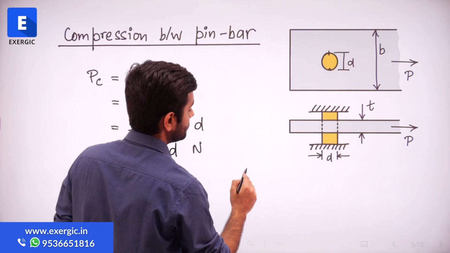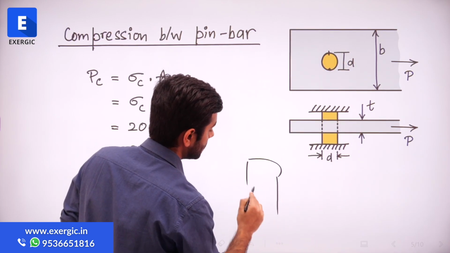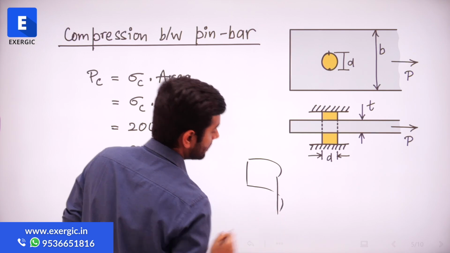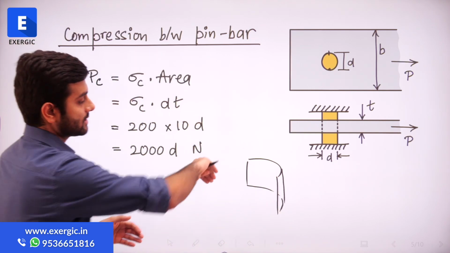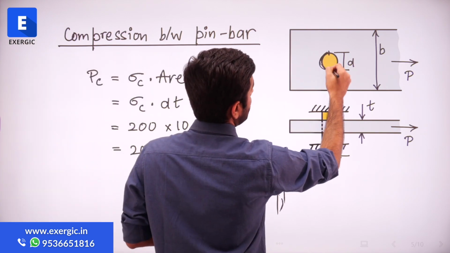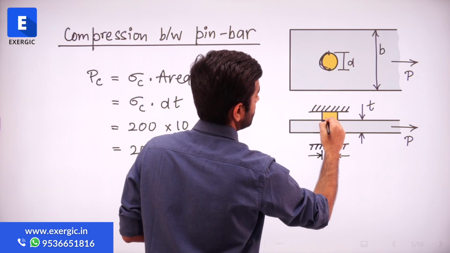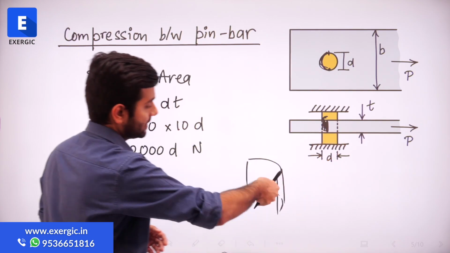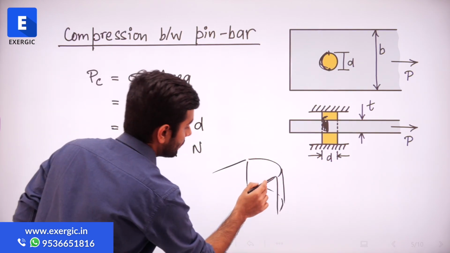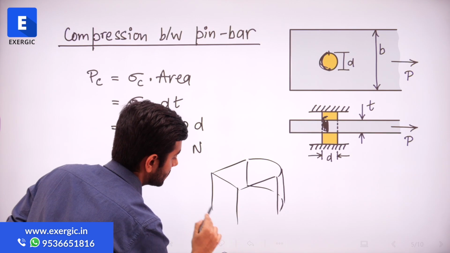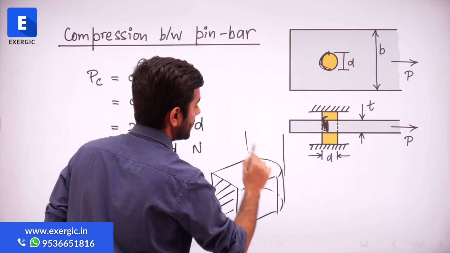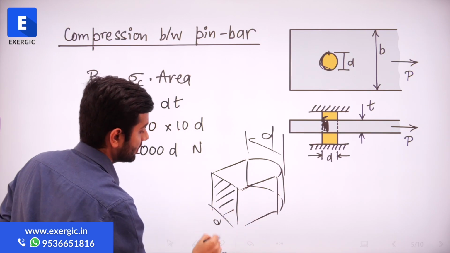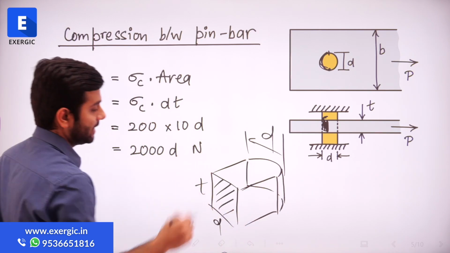If you look at the area, the curved area which both of them are interacting with is this part, half of this part. So it's like a curved area like this. The projected area of that is going to be this diameter multiplied by the thickness T, right?